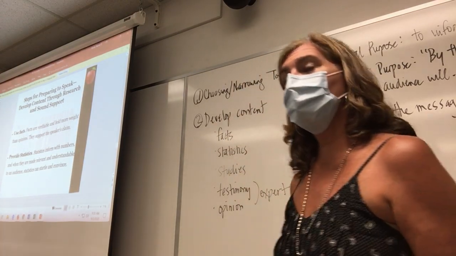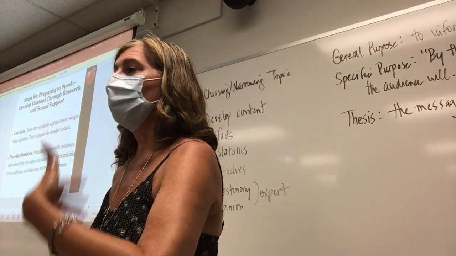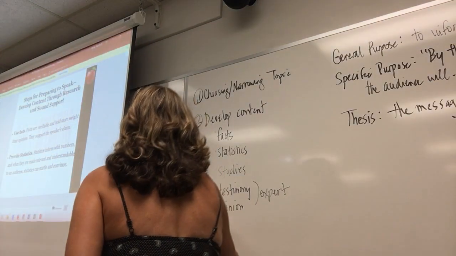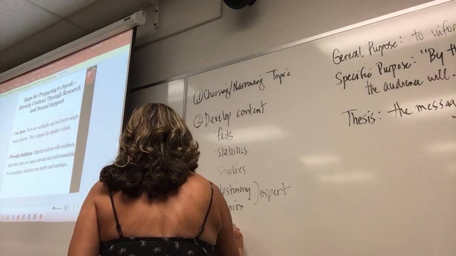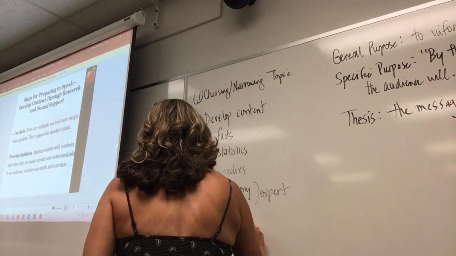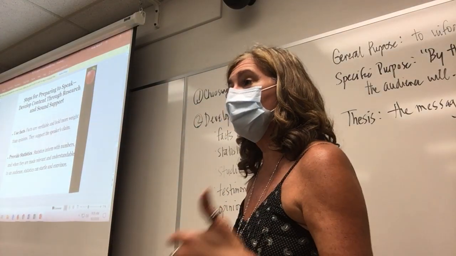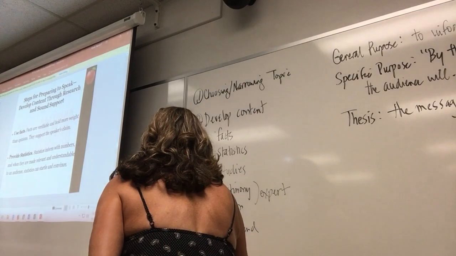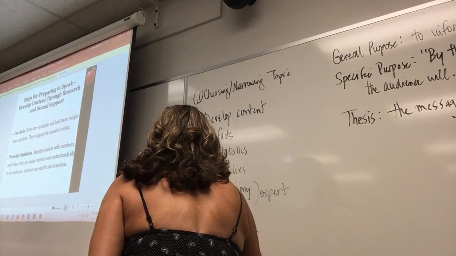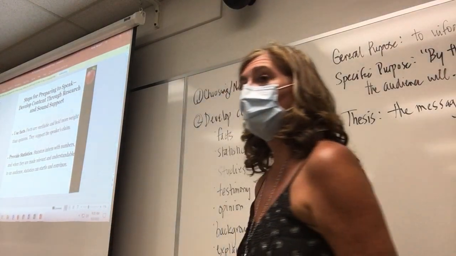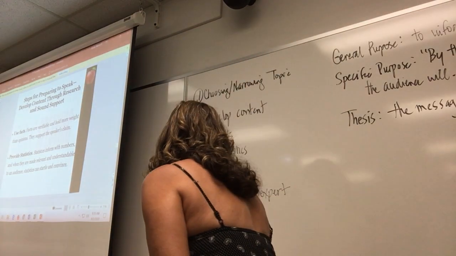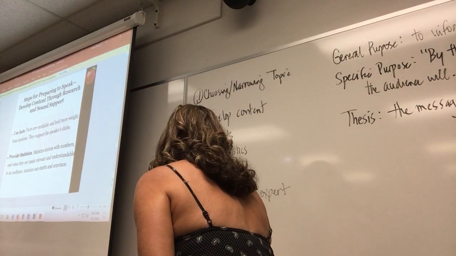What else? Especially if you're teaching us how to do something, what are you doing? Yeah, Anna. Background knowledge. Yeah, you have your own background knowledge. And especially if you're telling us how to, you're going to give explanation. And examples.